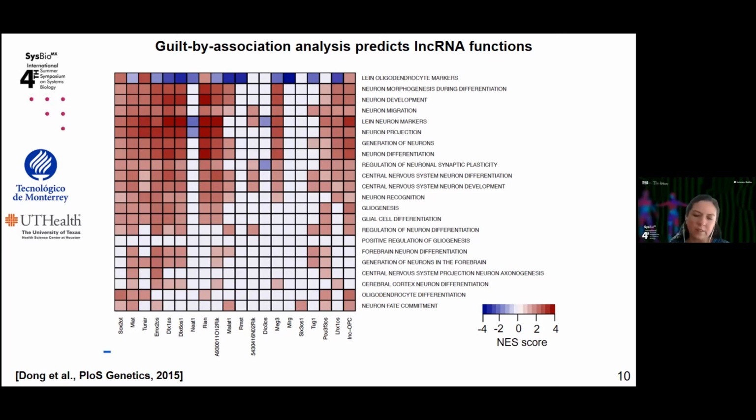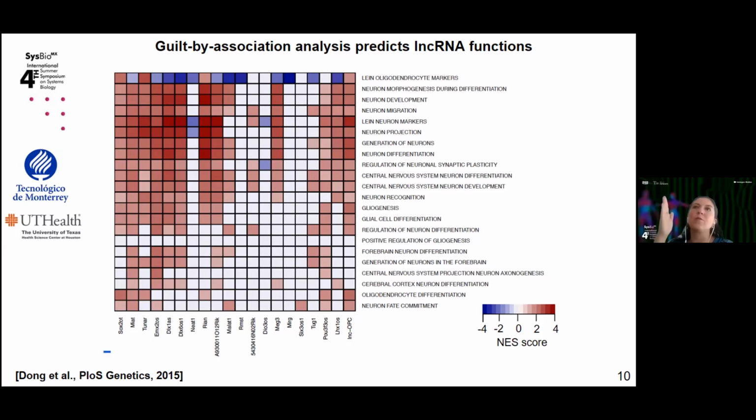So in this project, we wanted to see what were the functions of these highly expressed, differentially expressed lncRNAs. And what you do is that you correlate the expression of an lncRNA in diverse samples. In this case, we had the brain samples and samples from other tissues.